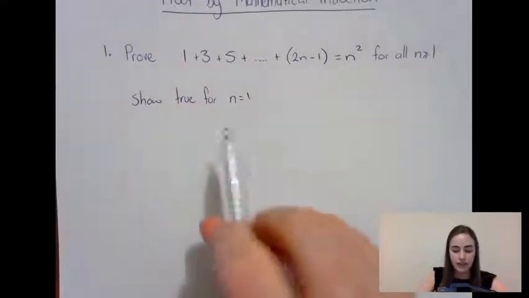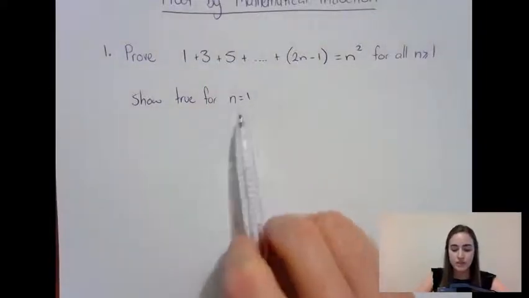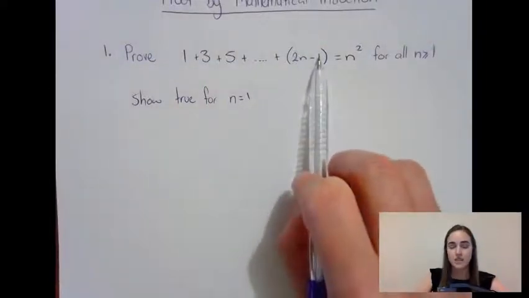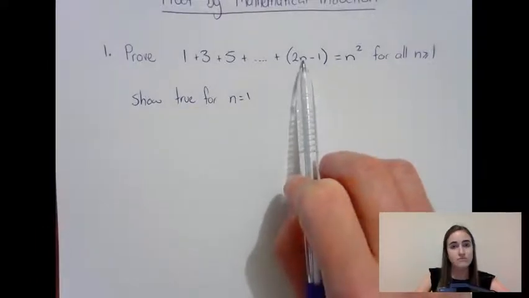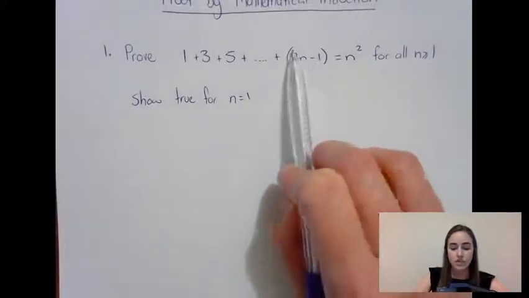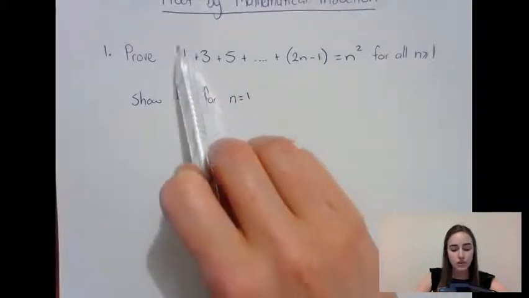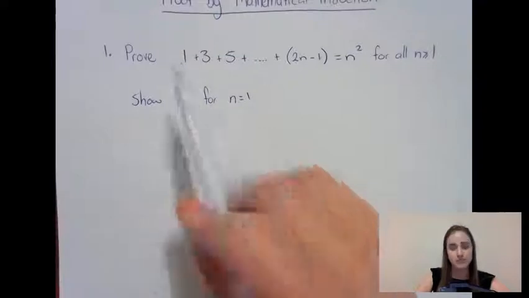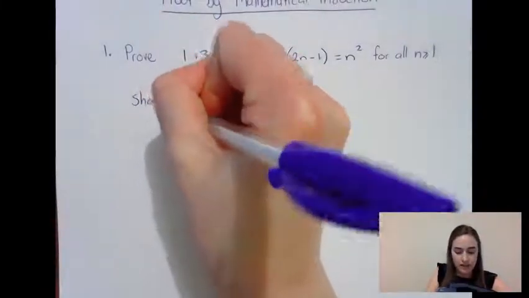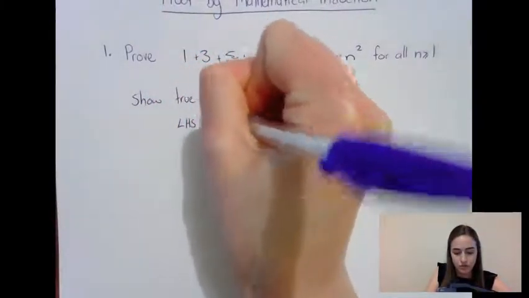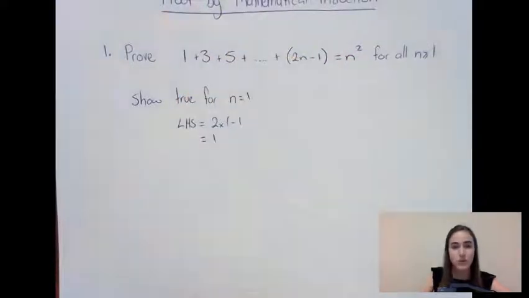All right, so if we're showing that's true, if we substitute n into this part here, we would get 2 times 1, which is 2, minus 1. So this bit simplifies down to 1. If n is 1, we've only got one term in this series. So our left-hand side is going to be 2 times 1 minus 1, which is just 1.